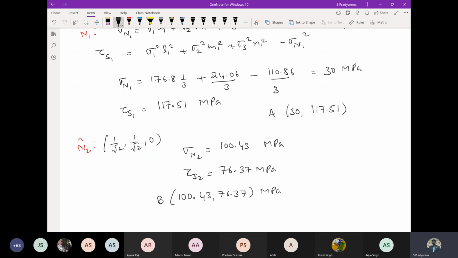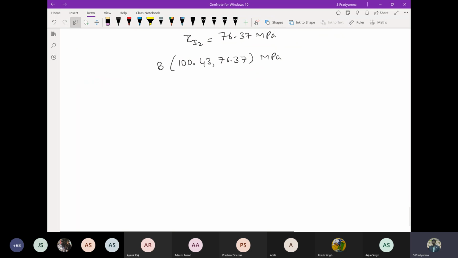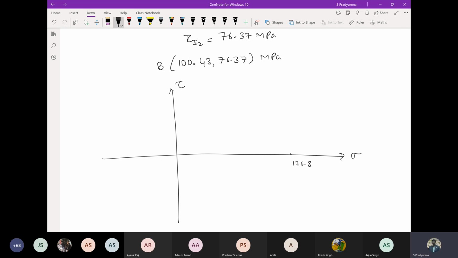Now let me draw the Mohr circle and locate these points. This is sigma, this is tau. So the values are 176.8, and then I have 24.06, and then I have minus 110.86.